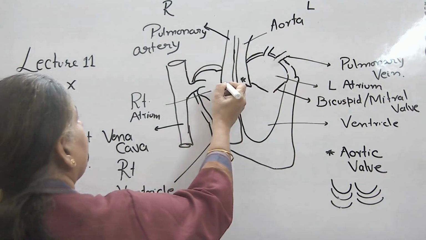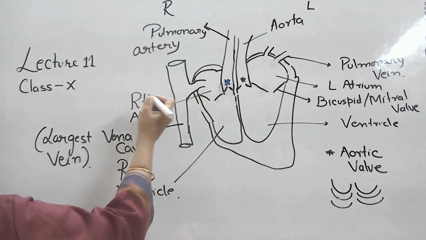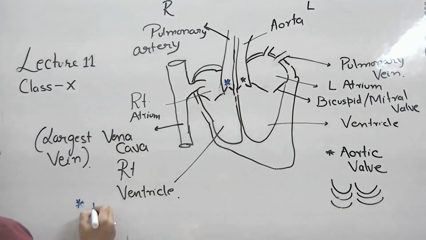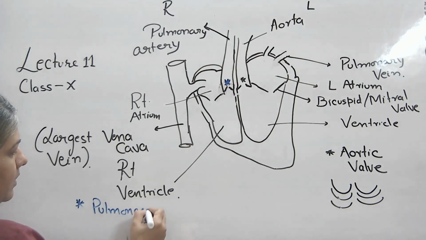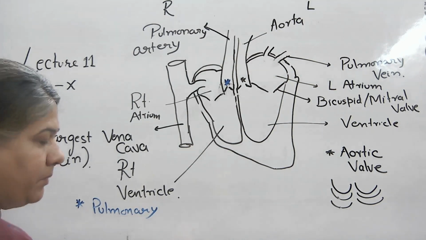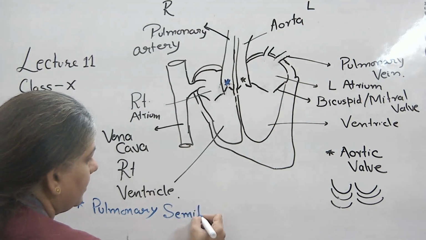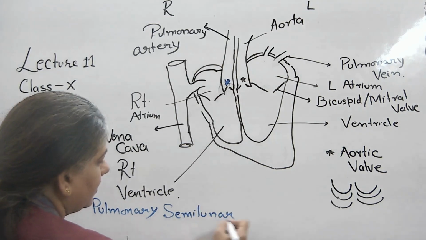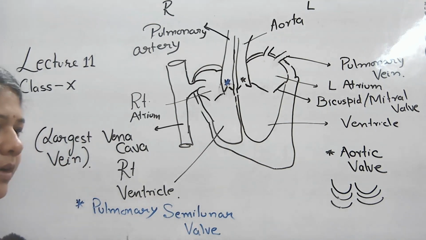So this one is pulmonary semilunar valve. So there are 2 semilunar valves.